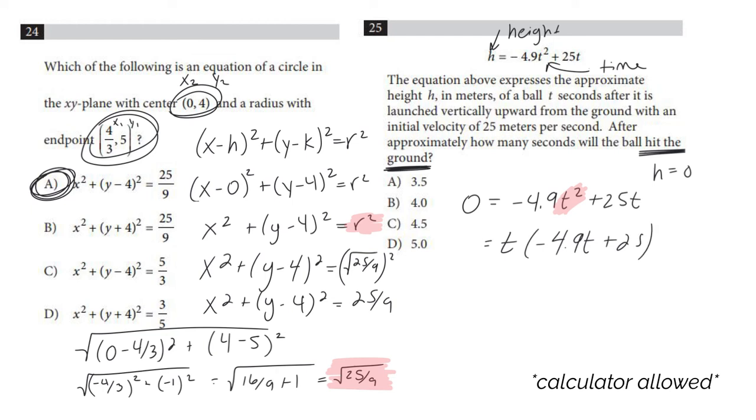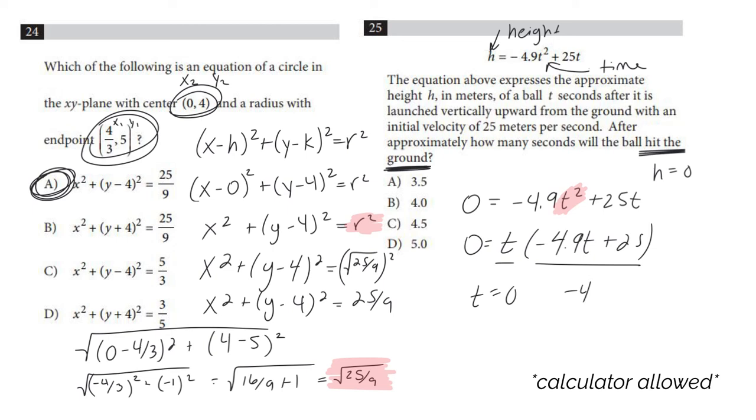All that I've done here is factored out one of those t's from each of my numbers, the -4.9t squared and the 25t, and I've just put it outside. At this point it's factored, so I can take this factor and set it equal to 0, and this factor and set it equal to 0.